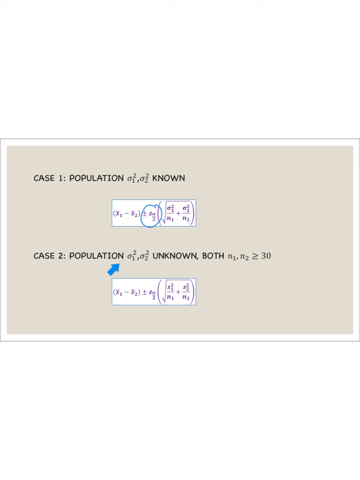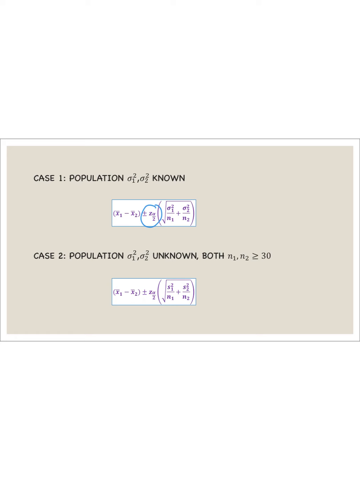Second case, population variance or population standard deviation are unknown. Kita tak tahu maklumat population, tapi n dia besar, both samples are greater than or equal to 30. So the formula is x bar 1 minus x bar 2 plus minus z alpha over 2 times the square root of s1 square over n1 plus s2 square over n2.